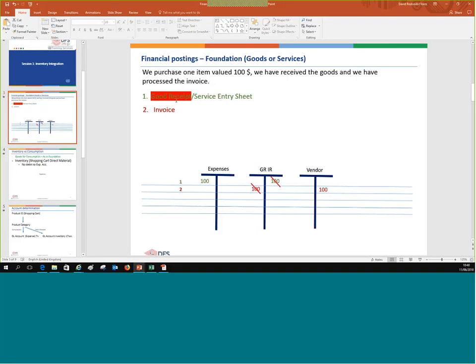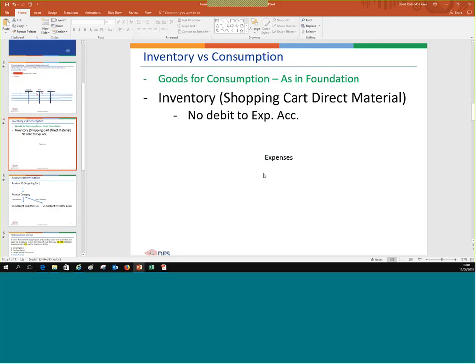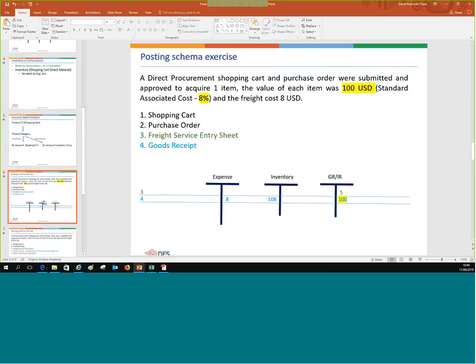This is not true anymore. So the recognition of the expense for services happens when the service entry sheet is posted, which is correct. But for goods that go to inventory, there is a new transaction that you need to know, which is called goods issue.